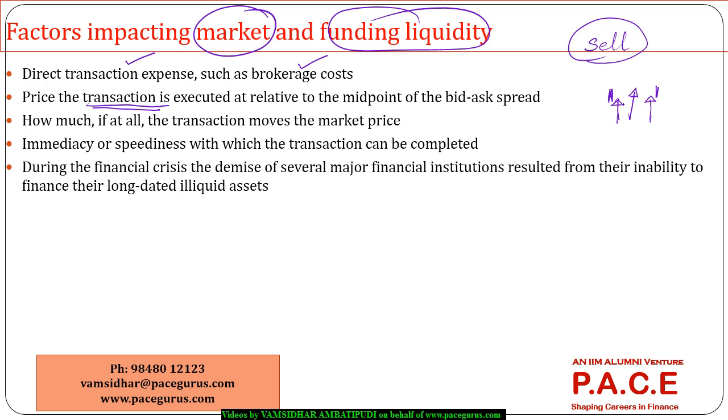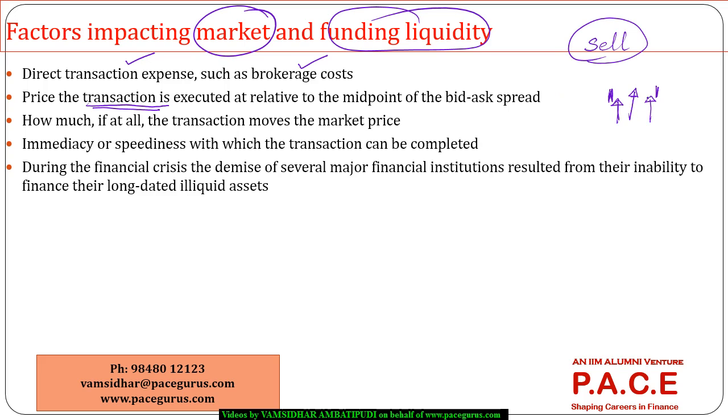Whereas if it is closer to the bid, so if the transaction is executed more and more closer to the bid price, which is the price at which the financial institution, the dealer, is buying, and if more of the transactions are happening at this itself, I could see that selling is a very difficult process, and vice versa.